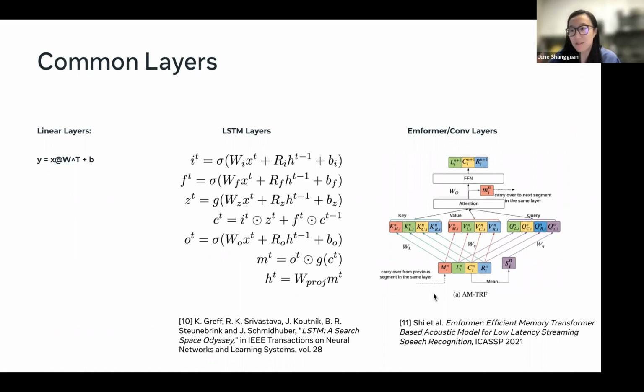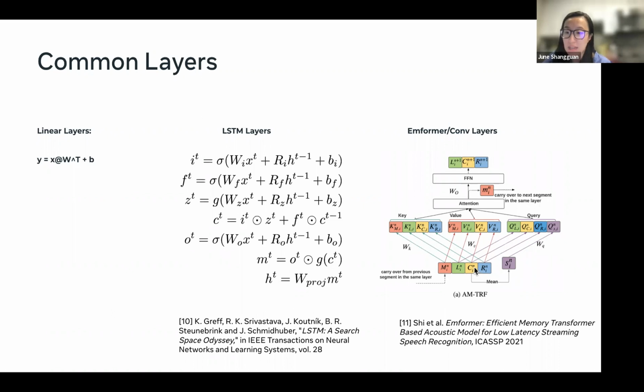Being very inspired by the transformer wave, we looked at how we can model speech using transformer layers. Here's a very interesting work done by my coworker, Yang Shi. The difference between this and a typical transformer is that it's streaming, which means that you only have a limited context on the left-hand side. You don't wait until you see the entire sequence.